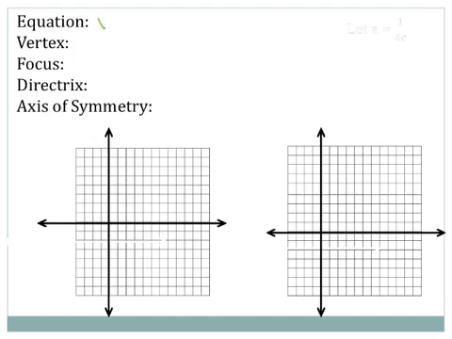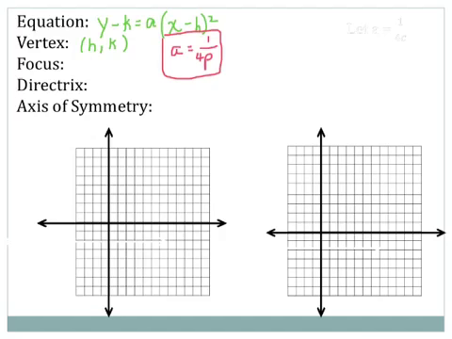So the equation here is y minus k equals a times x minus h squared. That will point up and down, and it has a vertex at (h, k). Now this variable a right here is the coefficient that lets us know whether this opens up or opens down. And so we also need to know how it relates to p. And you need to know this as well. a is going to be equal to 1 over 4p.